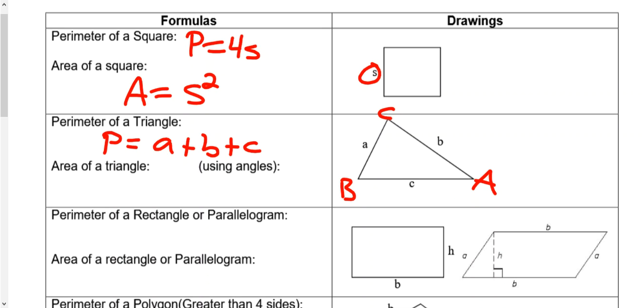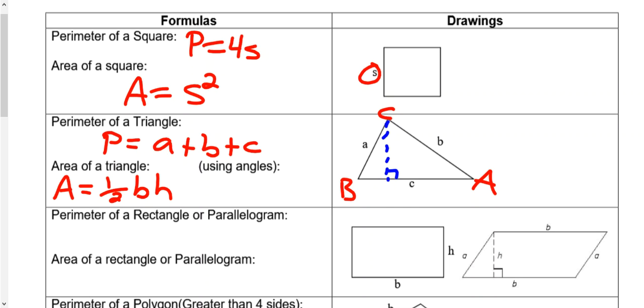To find the area of the triangle, the area equals 1/2 B, which stands for base, times H, which is height. Well, what is the base and what is the height? Well, let's look at our triangle. The height is the distance from a vertex straight down and is perpendicular to the opposite side.